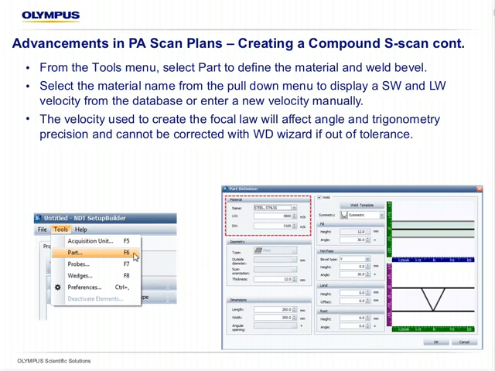After the acquisition unit is entered, the part is defined by selecting the material velocity, the material from the database, and the longitudinal and shear wave velocities associated with it are ingredient number 1 in a phased array inspection. The wedge delay and velocity wizards cannot correct a velocity tolerance error that creates an angle error in the material.